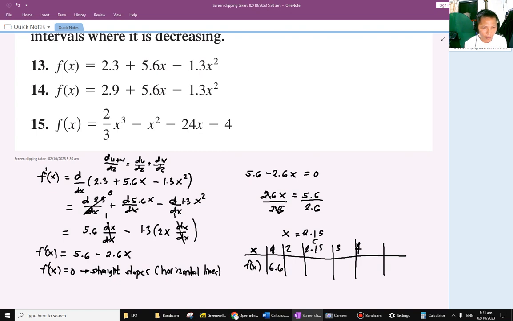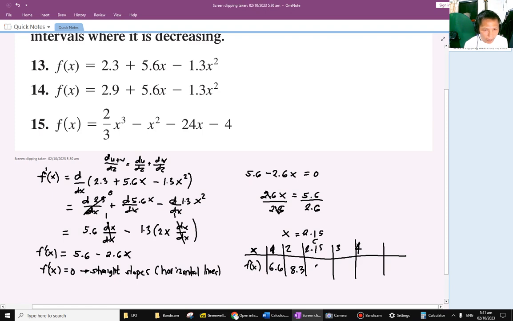So 1 is 6.6, and then your 2 is 8.3. How about your 2.15? It is 8.33.